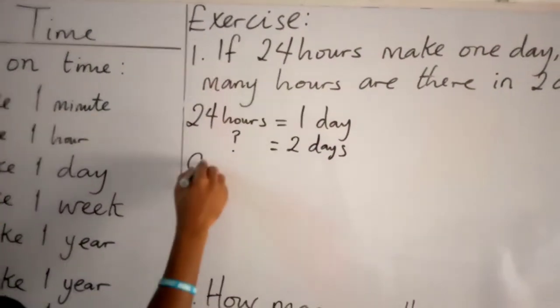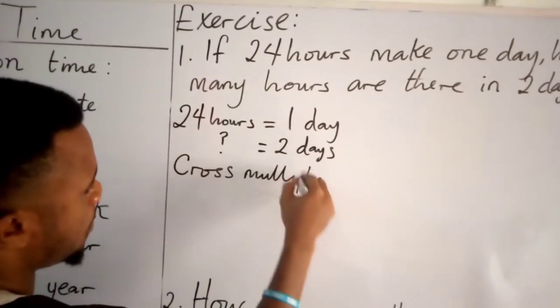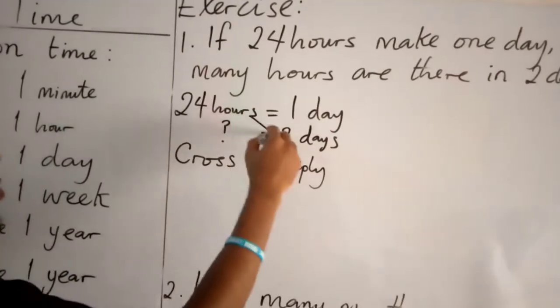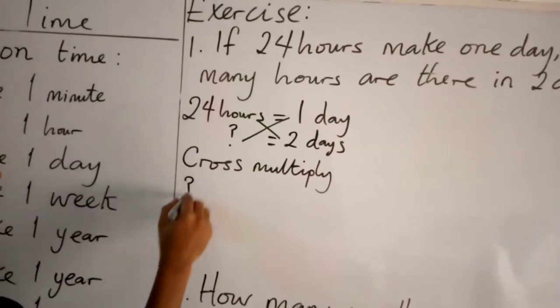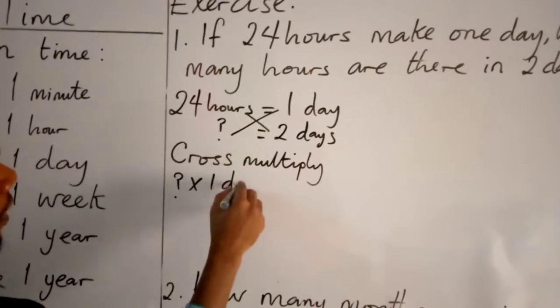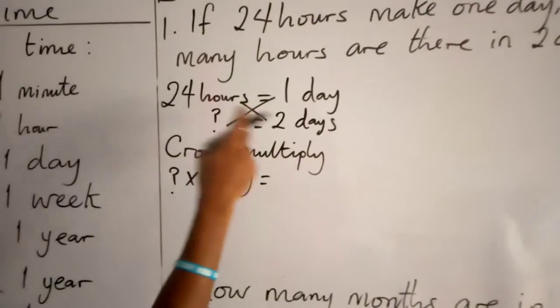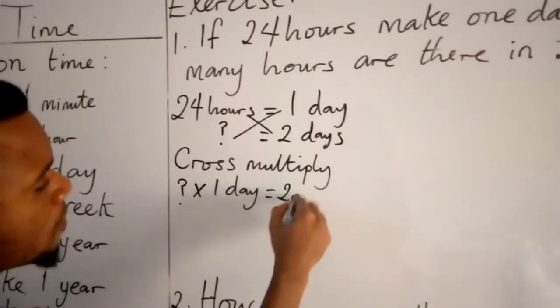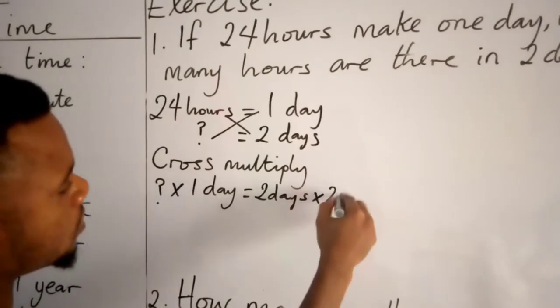Remember, we have to cross multiply. Unknown times 1 day, and 2 days multiplied by 24 hours.